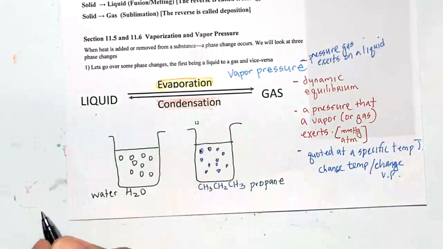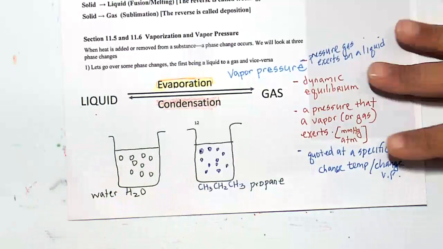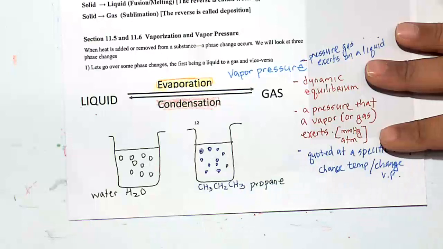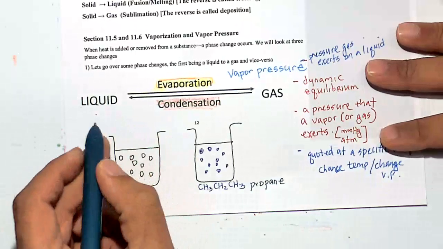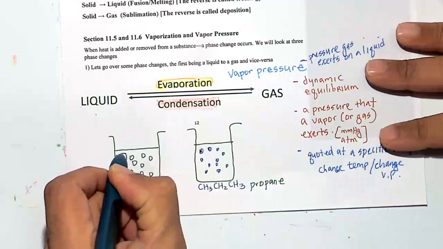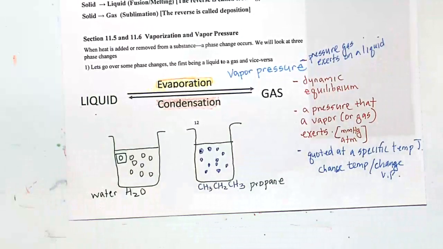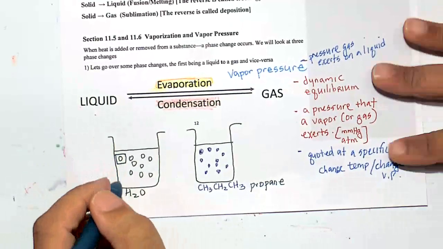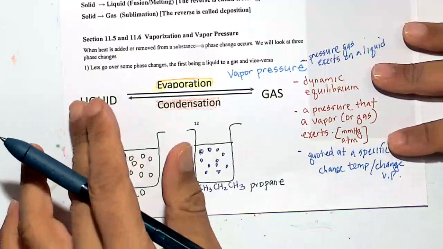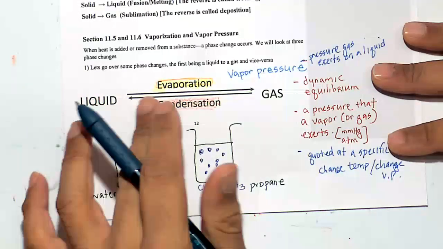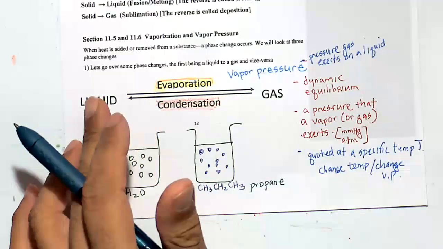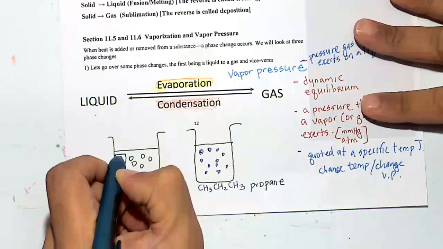So what is vapor pressure? Let's just focus our attention on this water molecule. Everyone focus on this one. This vapor pressure is where this liquid breaks free. What do I mean by break free?